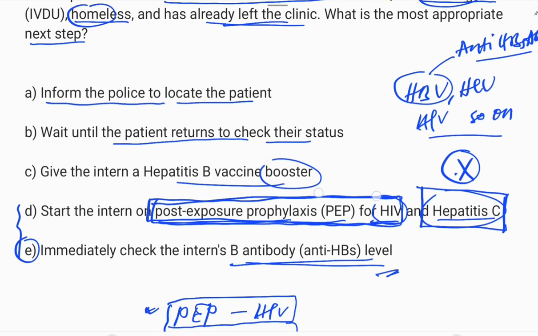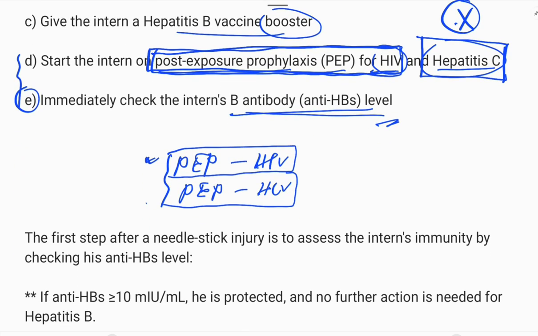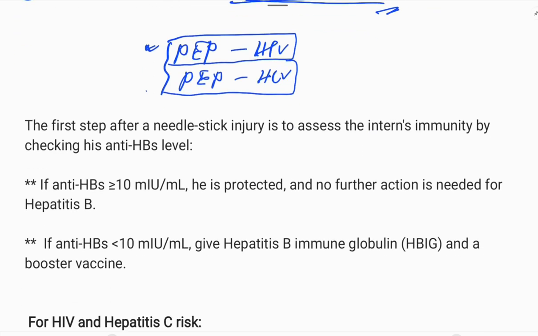And when we have the report of anti-HBs antibody level, then what can we do? The first step after a needlestick injury is to assess the intern's immunity by checking his anti-HBs level. If the anti-HBs level is more than 10 units, mind it, he is protected and no further action is needed for B virus.